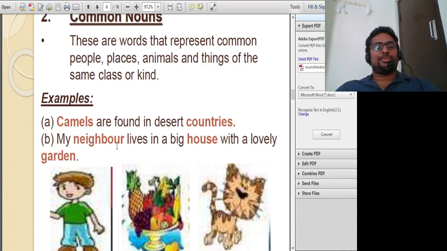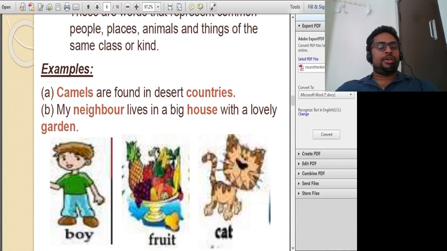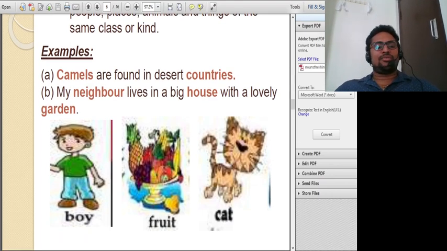Charan becomes a proper noun, and house becomes a common noun, and garden becomes a common noun. For example, boy is a common noun, girl is a common noun, fruits is a common noun, cat is a common noun.